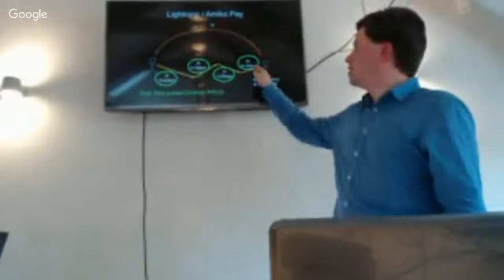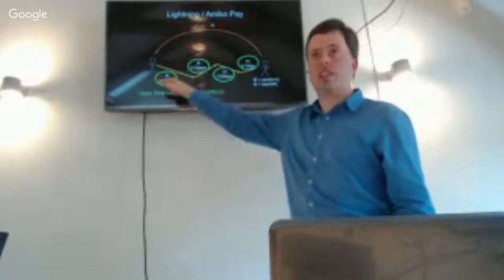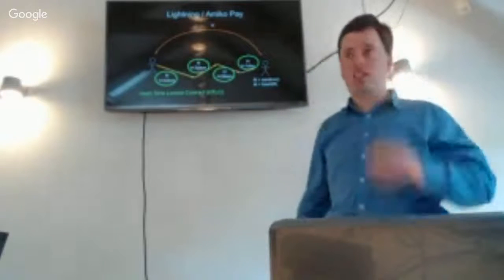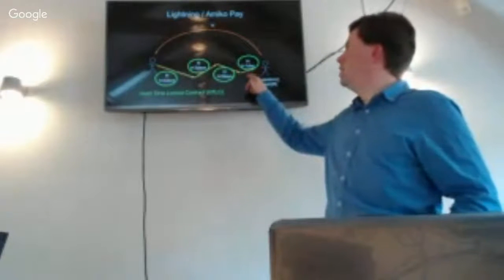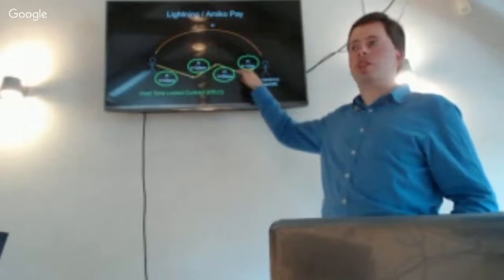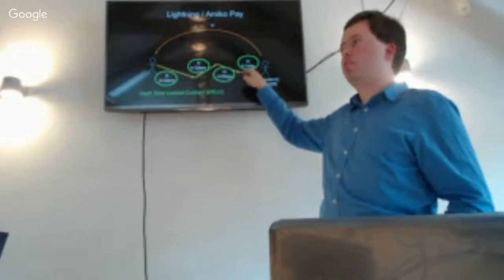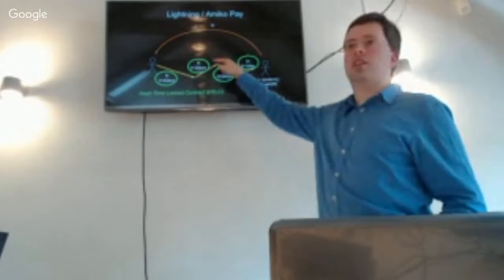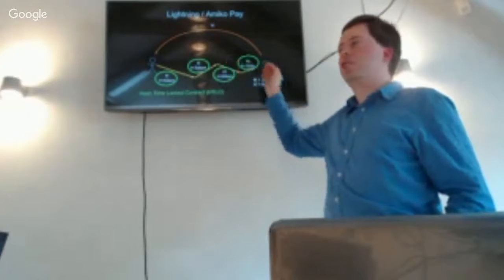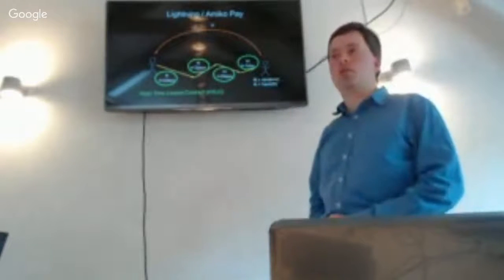Because of that, you have these timeouts, and these timeouts are different on all these different links. The reason for that is you want to give the people in the middle some time between the timeout where they have to pay and the timeout where they are able to receive, to forward the secret value.